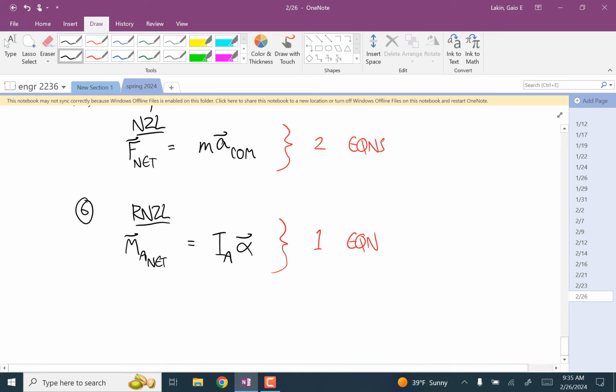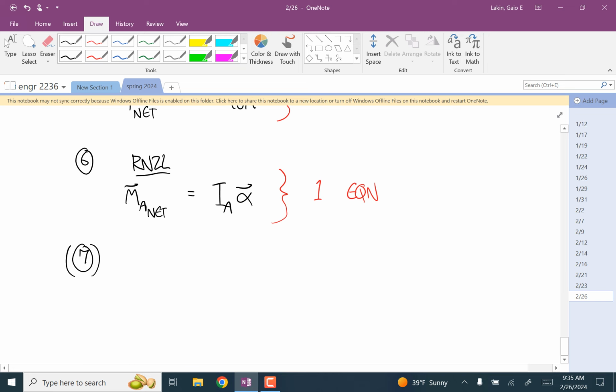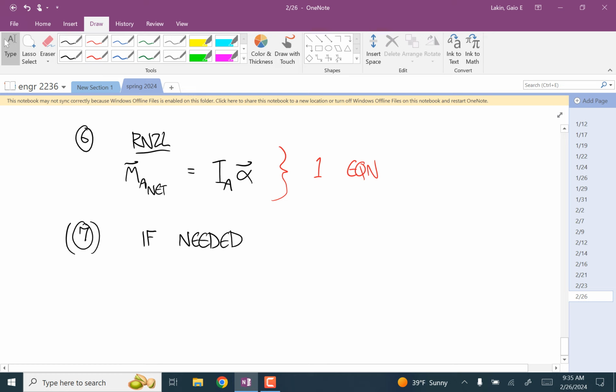And then last, if needed, so I'll put this in parentheses again, you might not have to use steps 5 or 7, but if the question asks you something else about accelerations of other points, you can calculate the acceleration using the watermelon equation.